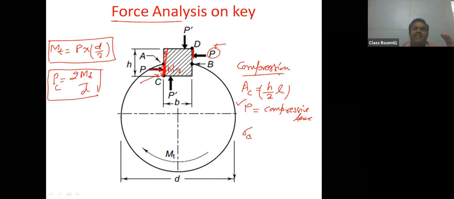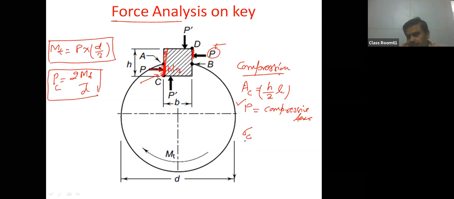That compressive area is H by 2 into L. Due to compressive force, compressive stresses are developed. If those compressive stresses are more than the permissible compressive stress of the material for which you have made the key, then your key design will not be safe. For a safe design, the stress produced in the key should be less than the permissible stress.